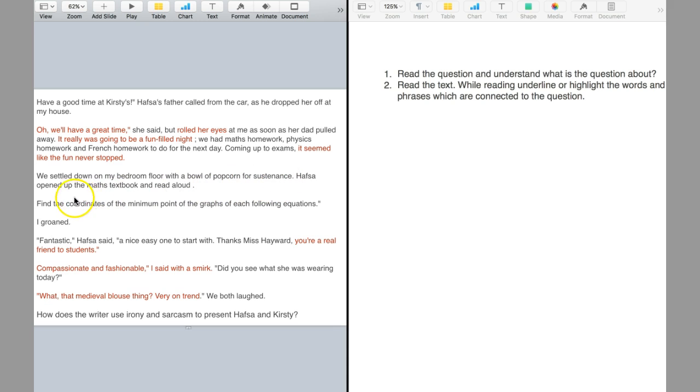Hafsa opened up the maths textbook and read aloud. Find the coordinates of the minimum point of the graphs of each following equations. I groaned. Fantastic, Hafsa said. A nice, easy one to start with. Thanks, Miss Hayward. You're a real friend to students. Compassionate and fashionable, I said with a smirk. Did you see what she was wearing today? What, the medieval blouse thing? Very on trend. We both laughed.